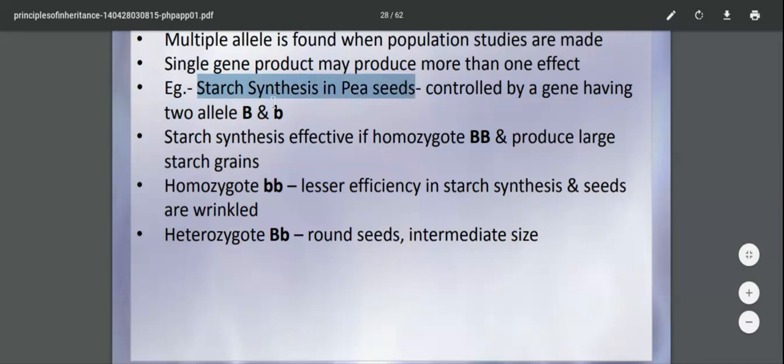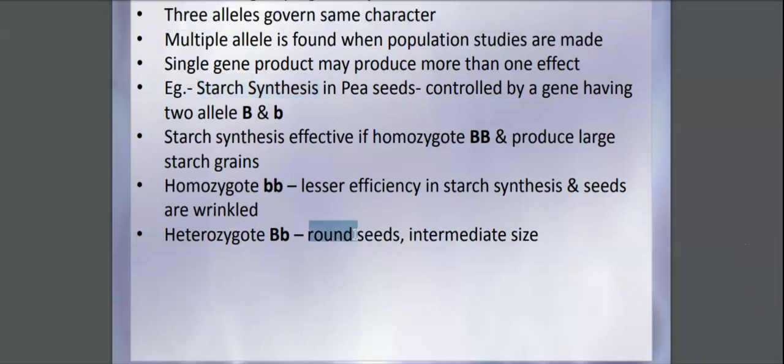Now, starch synthesis in pea seeds is controlled by a gene called B, which has two forms or two alleles, capital B and small b. But this gene B is not only controlling starch synthesis, that is one phenotypic effect, but it is also causing another phenotypic effect in the seeds, that is their seed shape, either round or wrinkled.